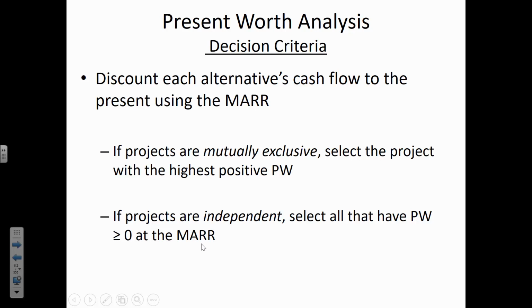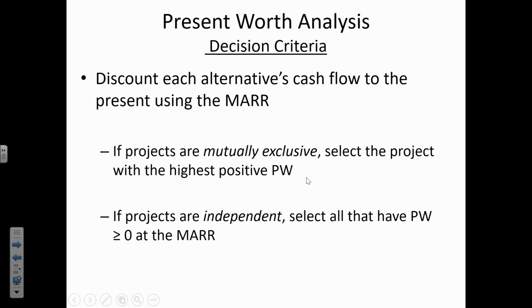So what that means is that you're going to have profits when you discount those profits at your minimum acceptable rate of return. A present worth of zero is okay if you're discounting at the minimum acceptable rate of return, because what your company is saying is this interest rate is acceptable, anything less is not acceptable. So when you have a positive present worth, that means that you're making more than the MAR.